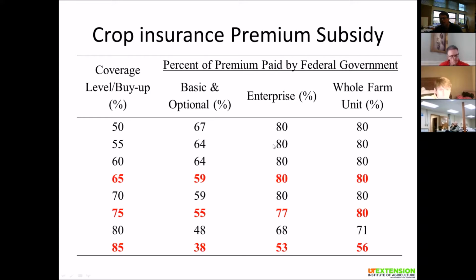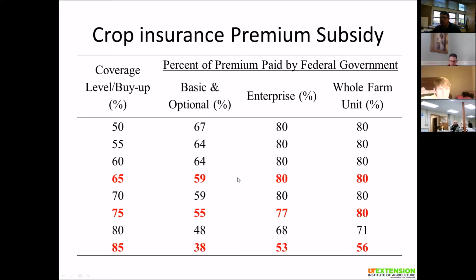What you have to keep in mind is, again, this is pooling of risk. So your likelihood of getting a payment out of enterprise is typically going to be less than if you have basic or optional. So you have to weigh those 2 factors, and you really want to run through some of these scenarios with your crop insurance representative, particularly if you farm in multiple counties.